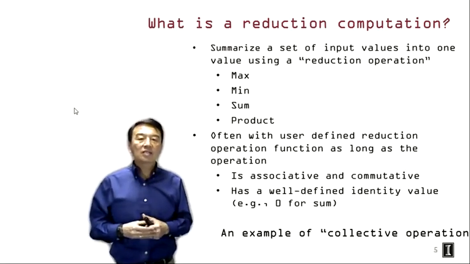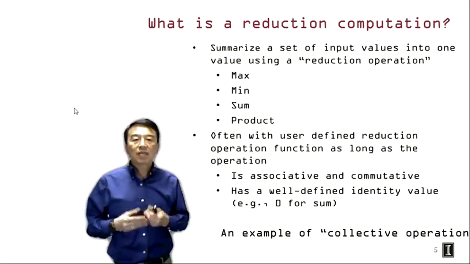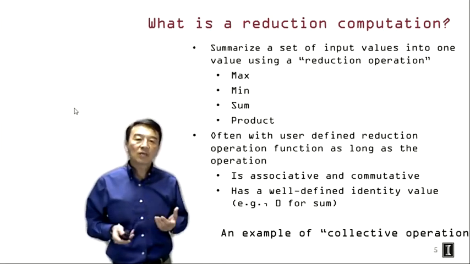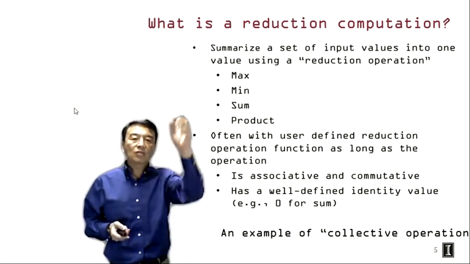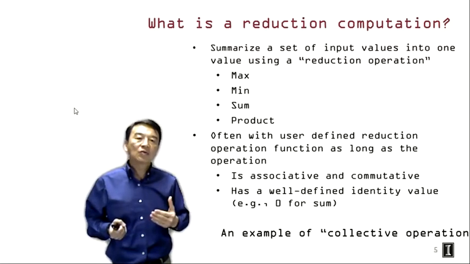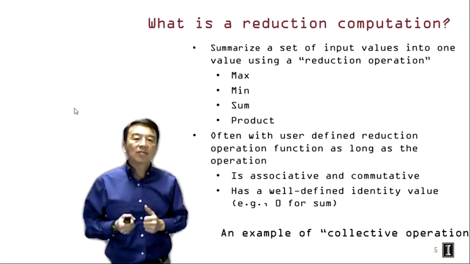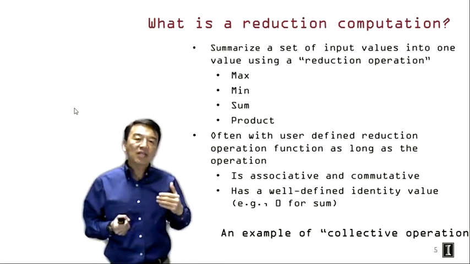So now let's introduce reduction computation. Mathematically, a reduction computation is a computation that summarizes a set of input values into one value, using what we call the reduction operation. And there are many types of reduction operations we can have.